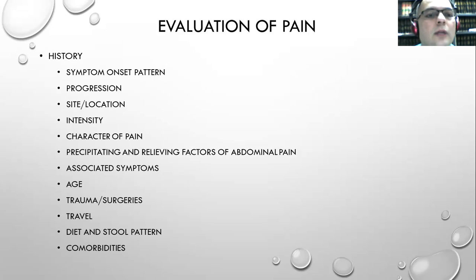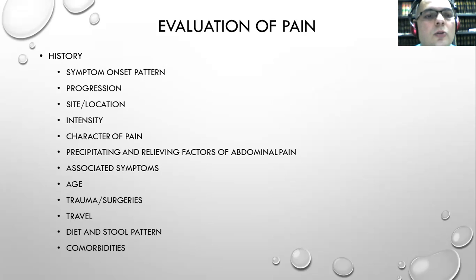We need to know that. We need to know the progression of the pain, how the pain started and how it has come up to the present time, meaning whether it started severely and is still severe until he has come to the doctor, or whether it has reduced or something like that. So we need to know the progression, even with the site also, whether it started in the epigastrium and went into the periumbilical area, something like that.